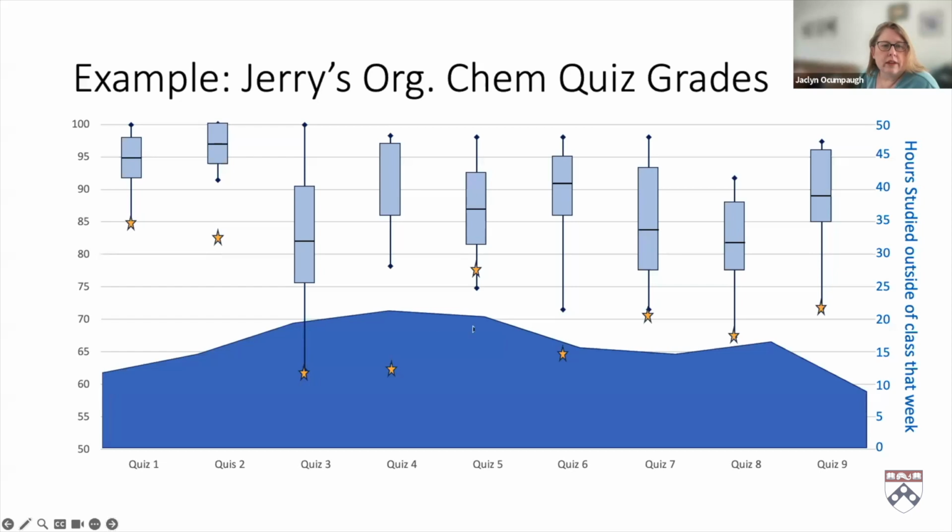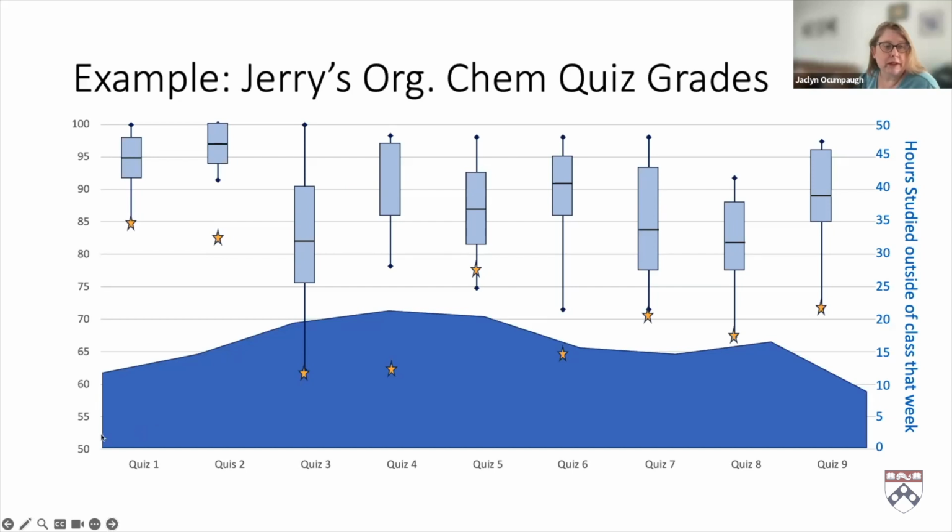And this might not be a great visualization because we have so much data happening here, but it does have an advantage in that it's overlaying the hours studied, again, with a different axes measure running on the right, so that we can see the overlap between how he's performing versus how much study time he's putting into things.